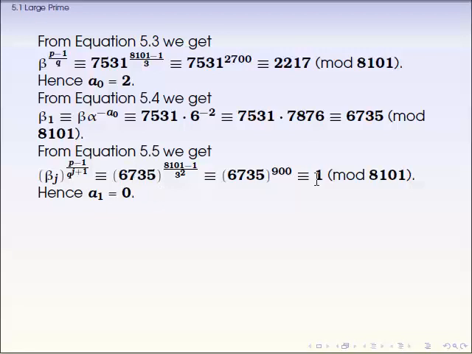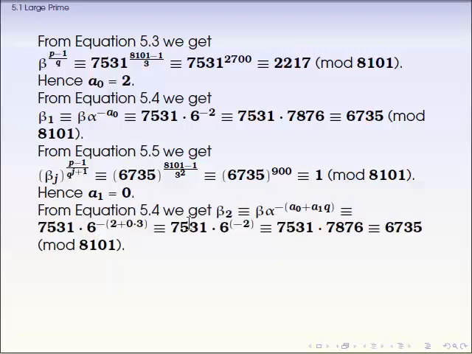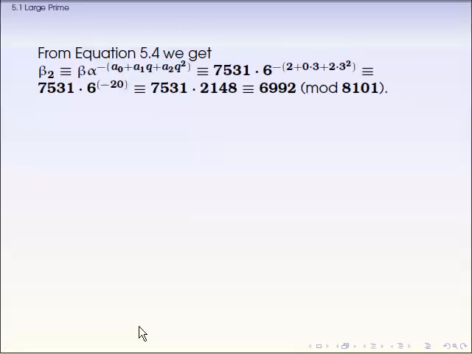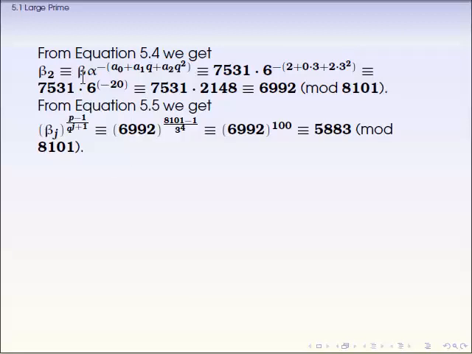When a equals 0, we get 1. So if you plug that in for beta 2, once again, it becomes this number, plug that in again, then it becomes 2217. You remember that a2 must be 2. So beta 2 should be beta 3 at this moment, so it's a typo. So a3 becomes 1. Please check this much by yourself.